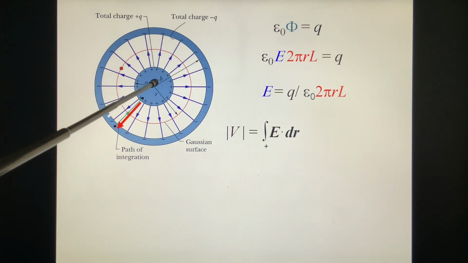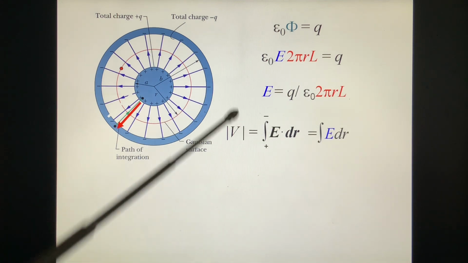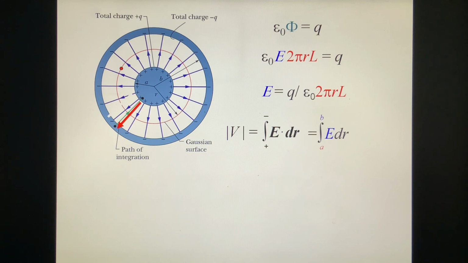From positive to negative, this is E dr. We put E inside, and the integration is from r equals a to b. We put in E, Q over epsilon 0 2 pi L r, times dr. So actually the integration is dr over r, from a to b.